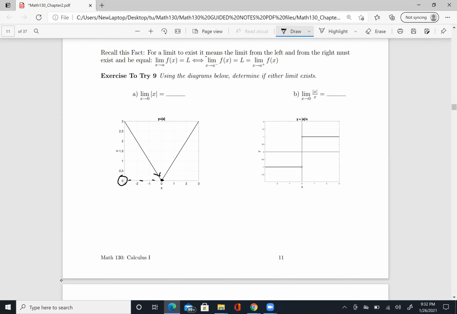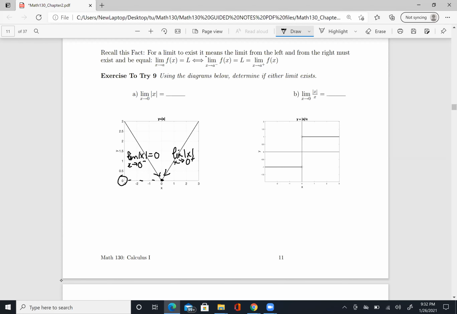What about the right-hand side? So I'm going to say here the limit of the absolute value of x when x goes to 0 from the left will be equal to 0, right? And what about the limit of the absolute value of x when x goes to 0 from the right?